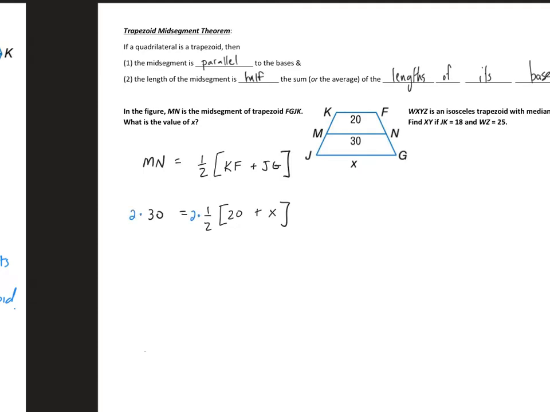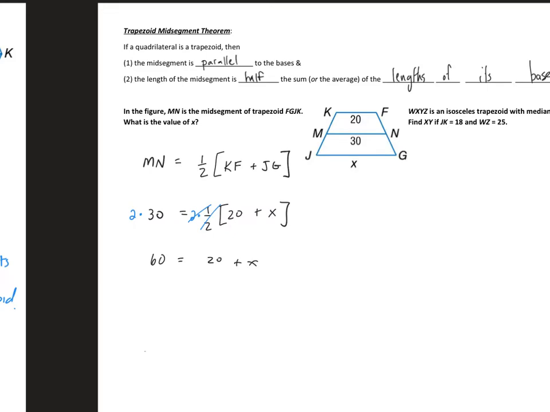If I see a denominator of 2, I multiply both sides by 2, and that will give me 1 times what is right here in these brackets. So 30 times 2, that is 60. So 60 equals 20 plus X.